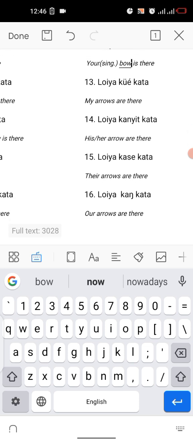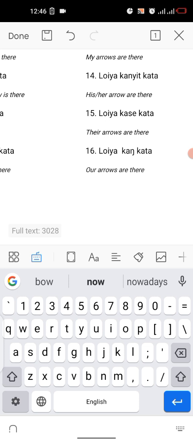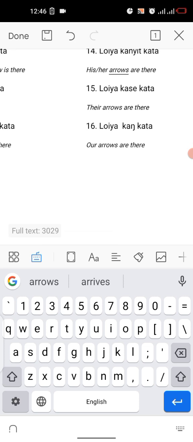Number 13, lawyer kwe kata. My arrows are there. Number 14, lawyer kanyit kata. His or her arrows are there. Number 15, lawyer kase kata. Their arrows are there. Number 16, lawyer kang kata.